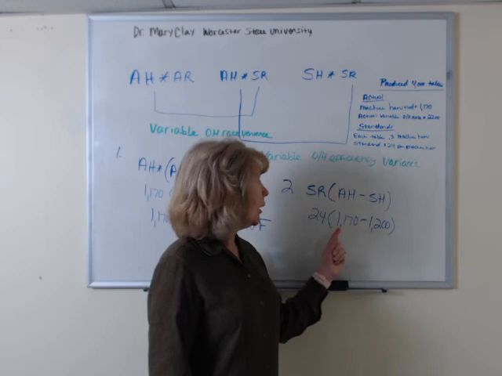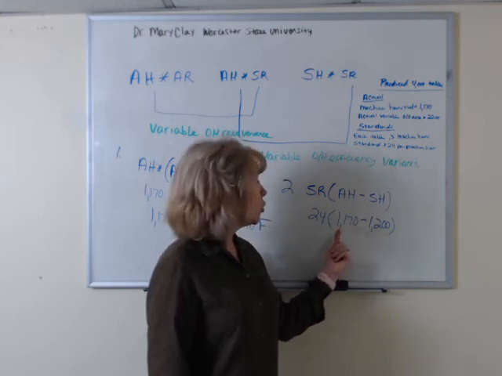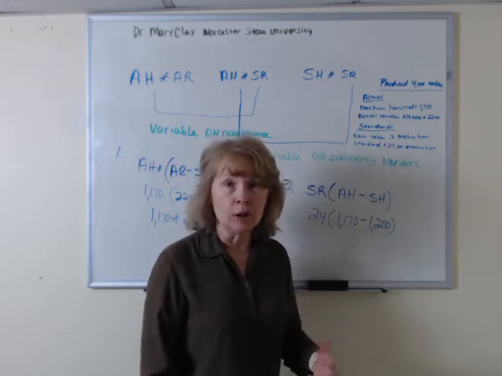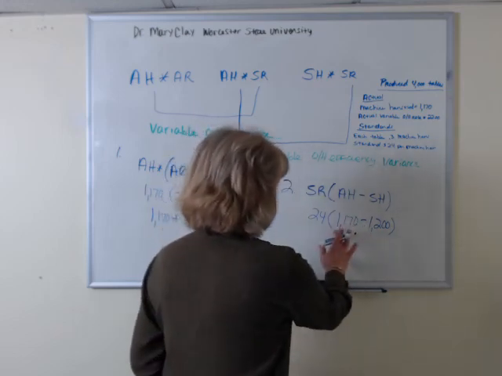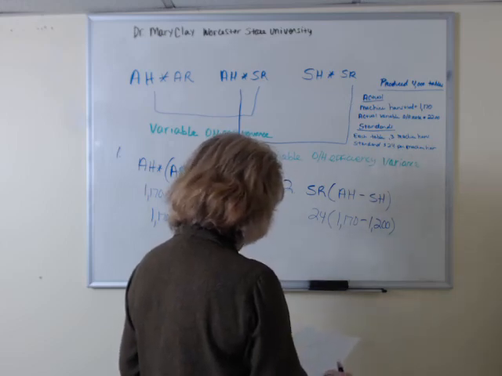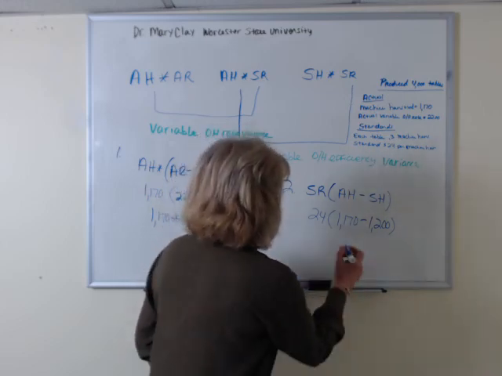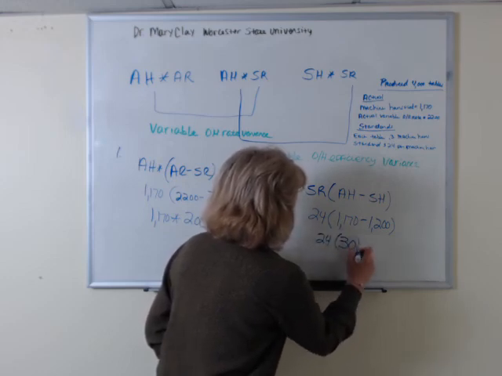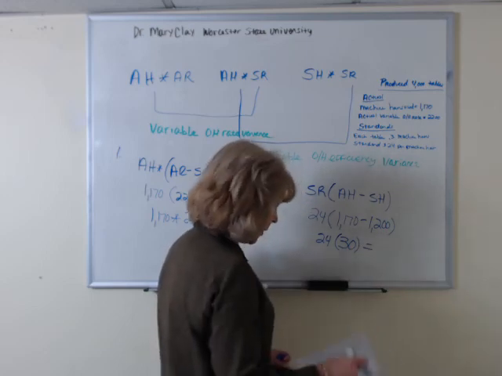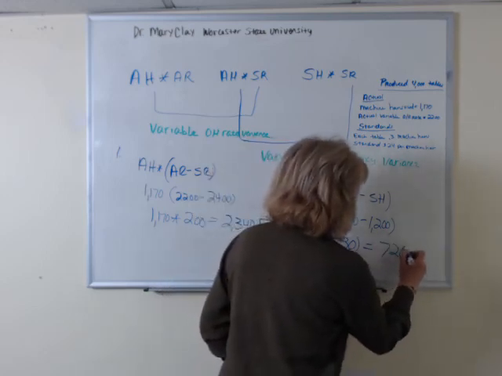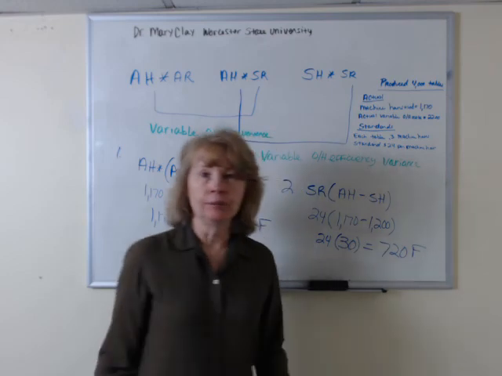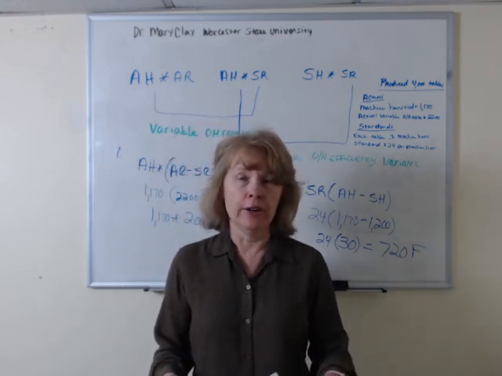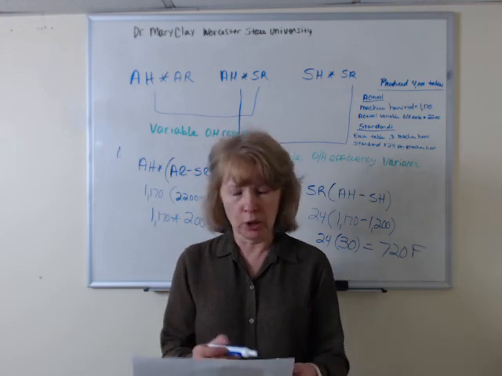In actuality, it only took me 1,170. So this variance will be favorable. Let me figure it out. I subtract 1,170 minus 1,200, and that gives me 30. Then I multiply that by 24, and that gives me 720, but you understand that that's favorable. And that's how you do the variable overhead variances. I'll see you soon. We're going to go through a lot more.